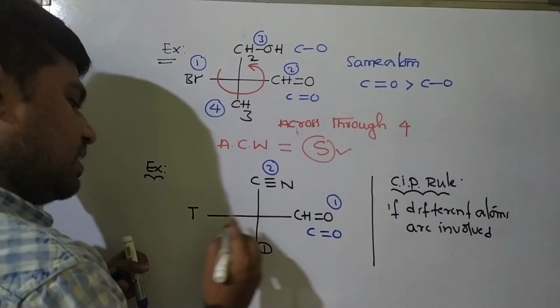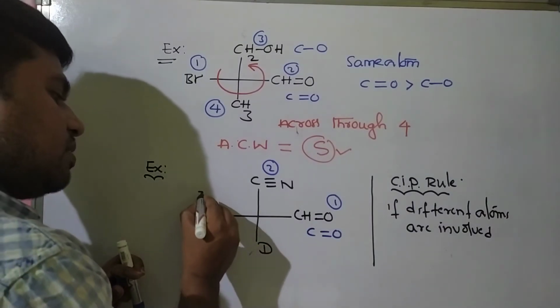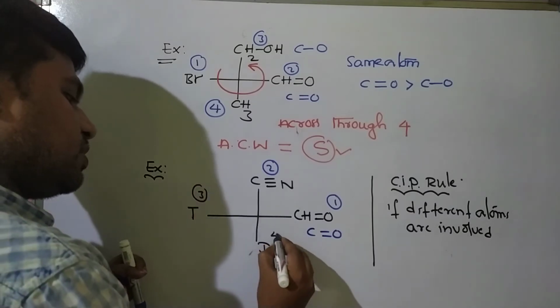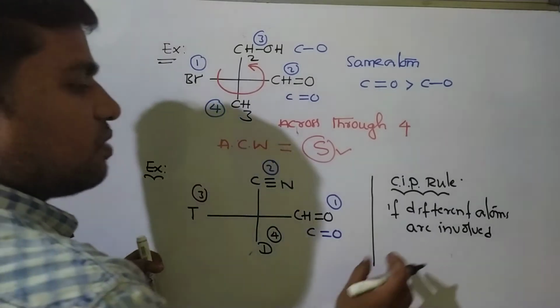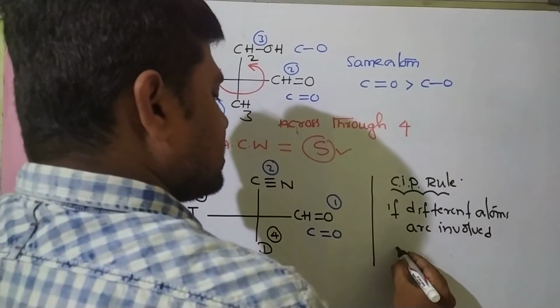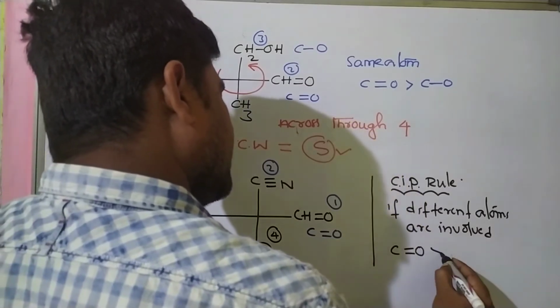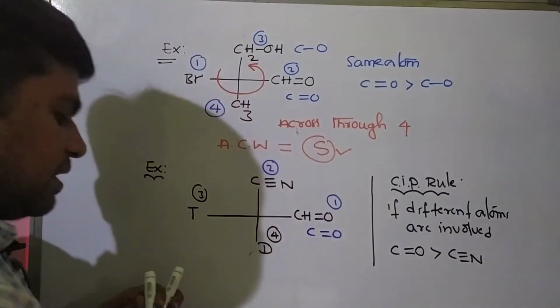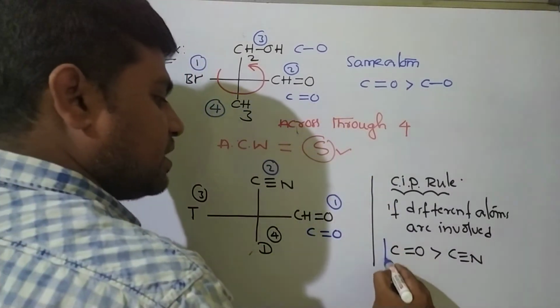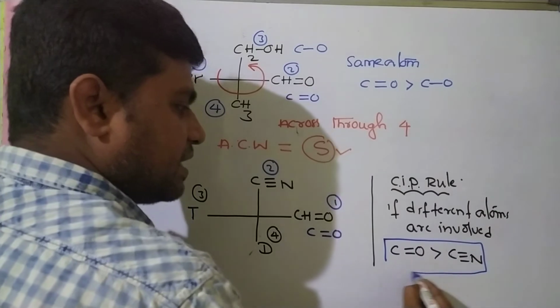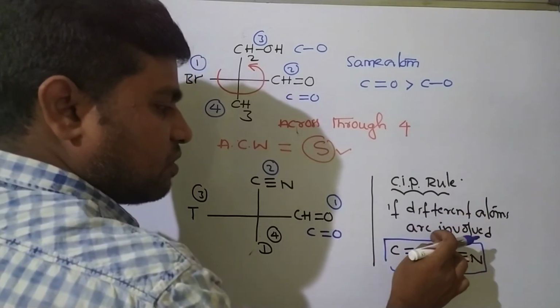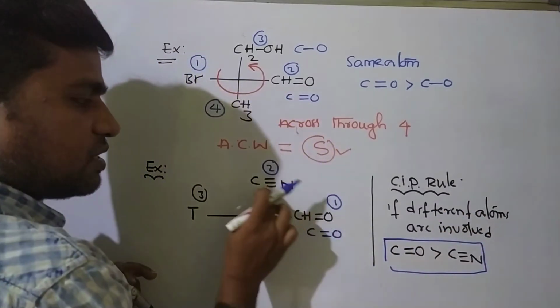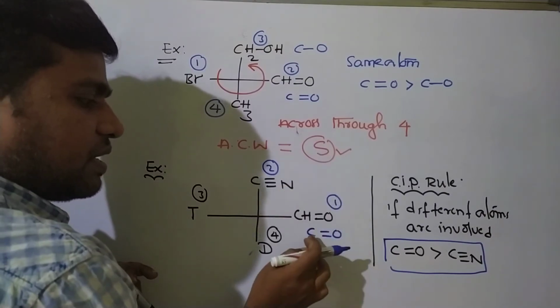So this is deuterium, the third priority. This is the fourth priority. Okay, students? Now in this case, C double bond O is greater than C triple bond N. Here it is different, students, because different atoms are involved: carbon, nitrogen here, and carbon, oxygen here.